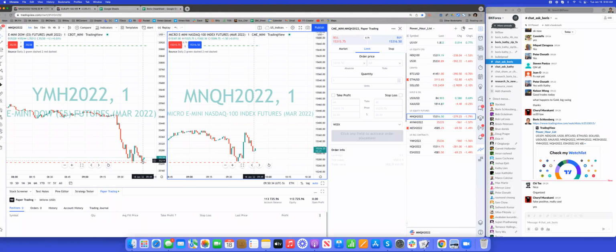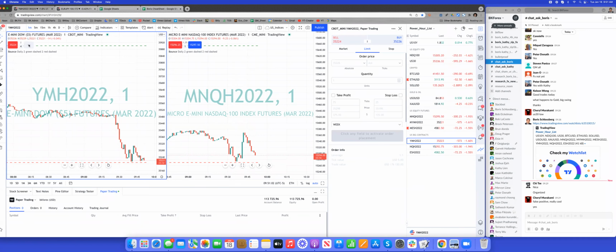So the open on this was 220. 230. Sorry, the close. Okay, long.